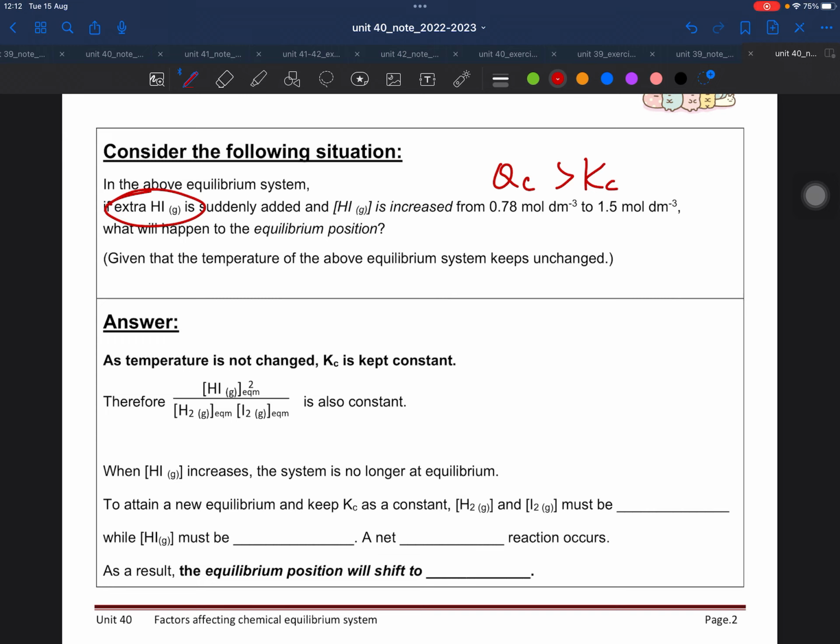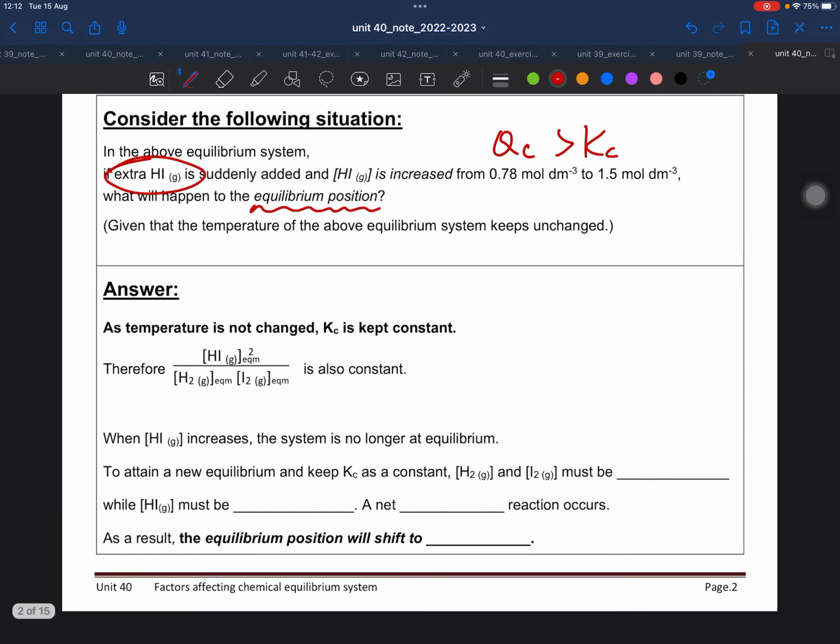Still remember this one? So the conclusion is there is too much product now. We need to have a net backward reaction. Good. This has already changed the equilibrium position because I need a net backward reaction.